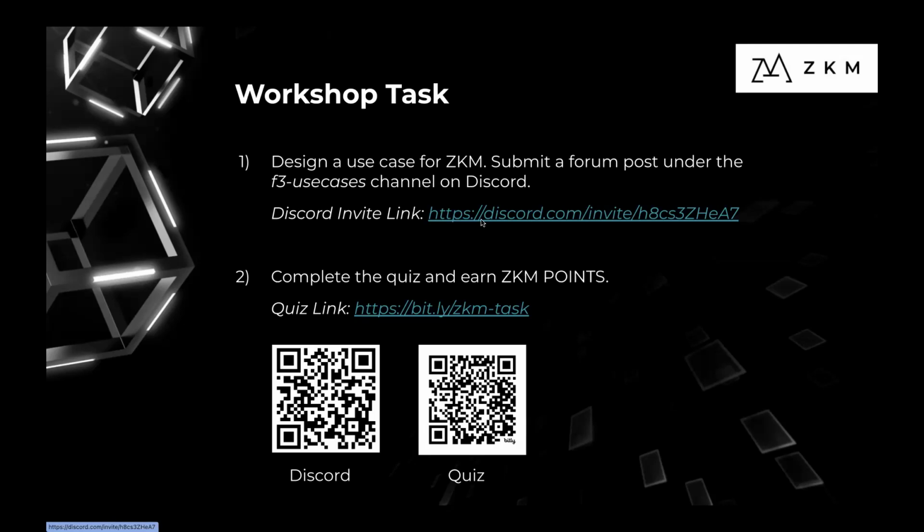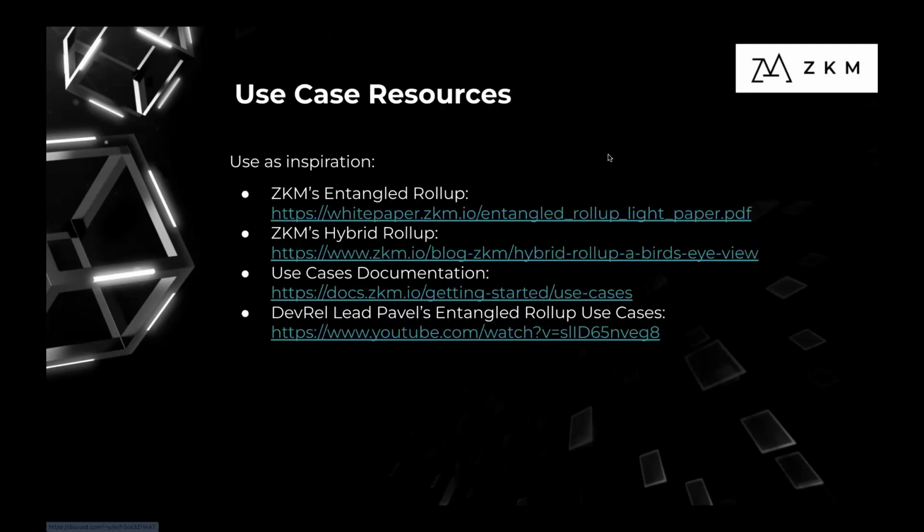Okay, so I'll just go over this really quickly. If you need some inspiration for generating your own use case, I also included some resources that you can look at here. So for example, one use case that ZKM is working on is the entangled rollup, which was the focus of this presentation today.